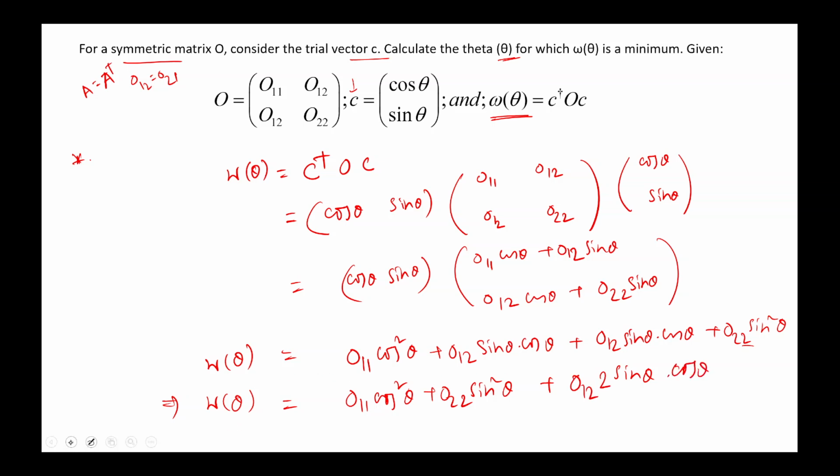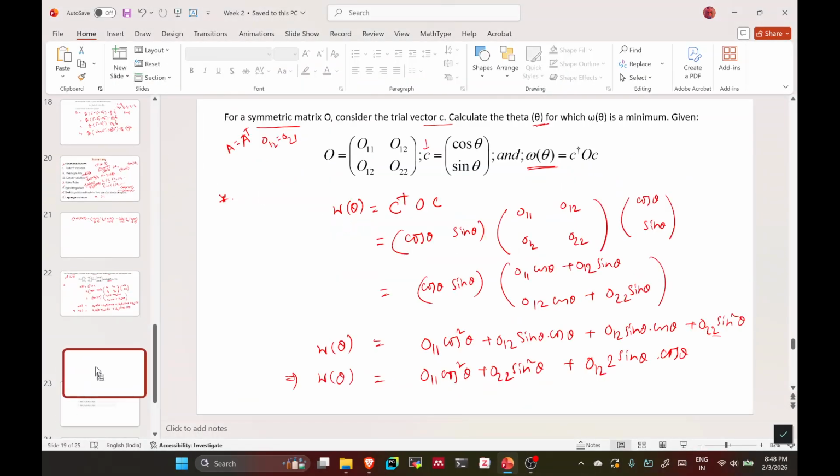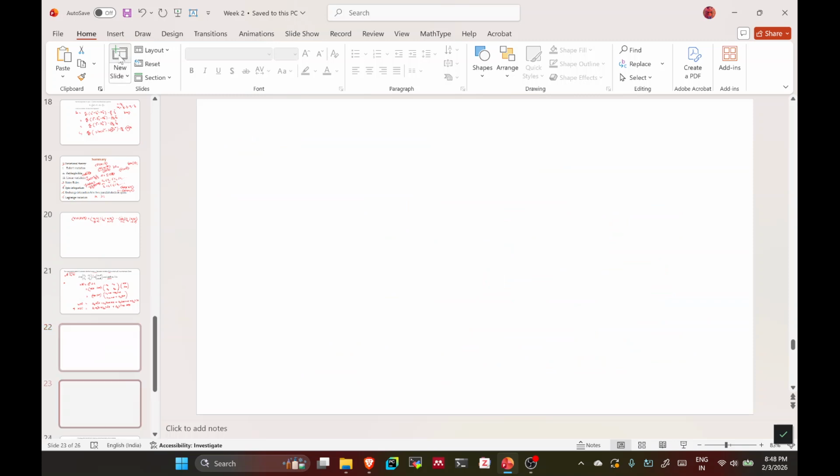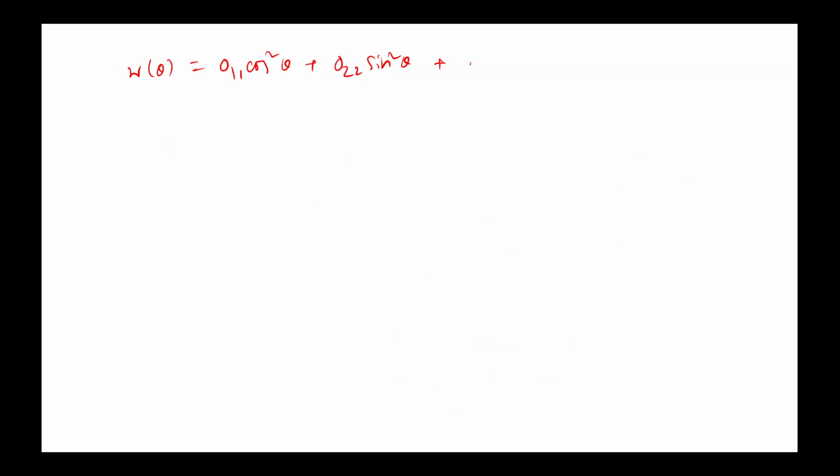So omega theta is O11 cos square theta plus O22 sin square theta plus O12 times 2 sin theta cos theta, which we can write as O12 sin 2 theta.